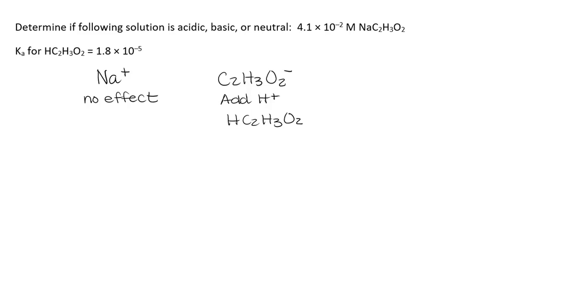Acetic acid is a weak acid. So that tells us that our original anion is a weak base. So in terms of acid-base properties, no effect for the cation, a weak base for the anion, and this solution will be basic.